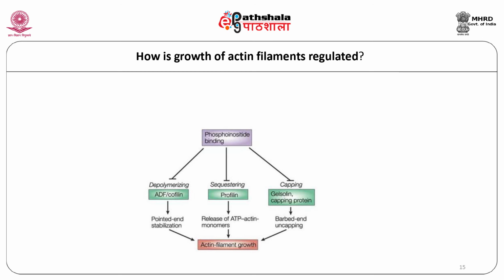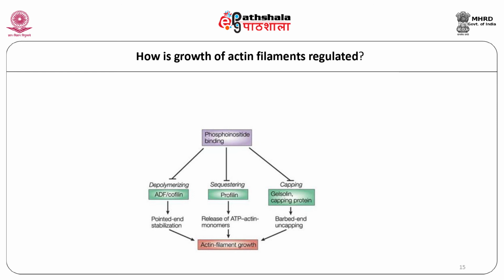In this, binding to the phosphoinositides inhibits pointed end depolymerization by ADF and cofilin, actin monomer sequestration by profilin, and the capping of the barbed filament end by gelsolin and capping protein.